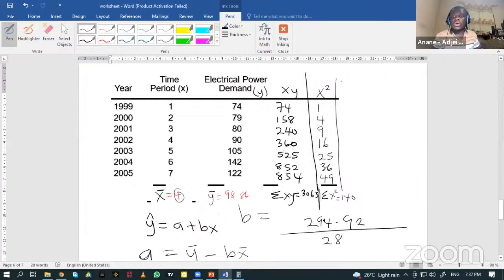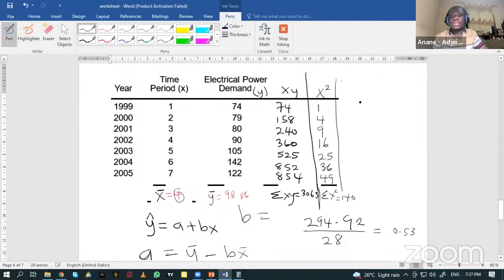Good. So 294.92 divided by 28, and everybody is saying 10.53. Okay, so good.